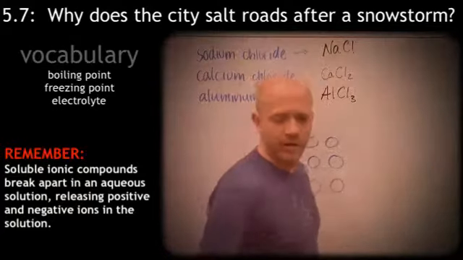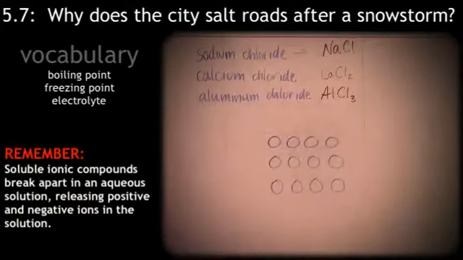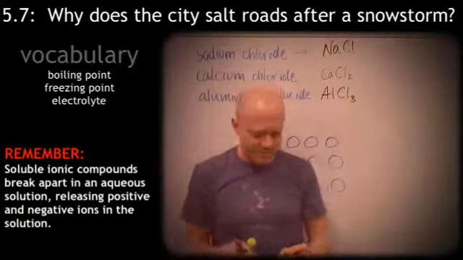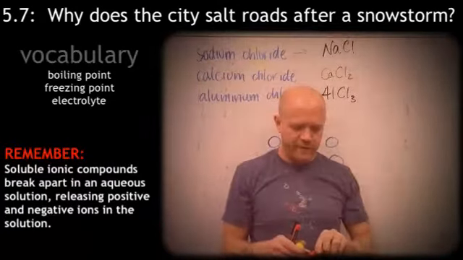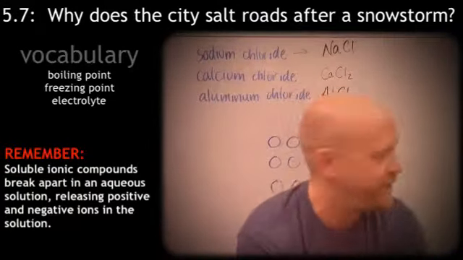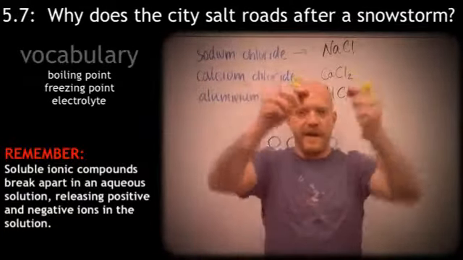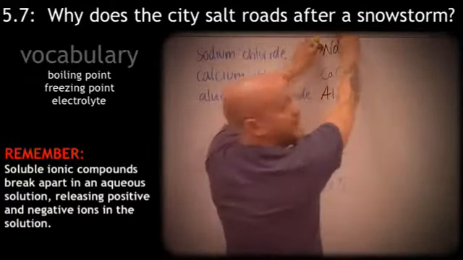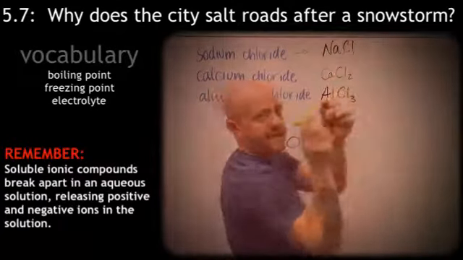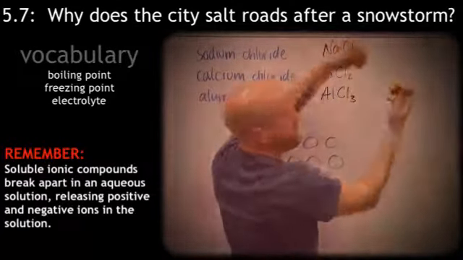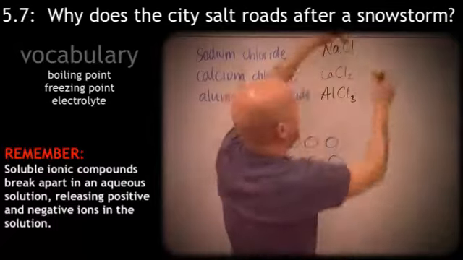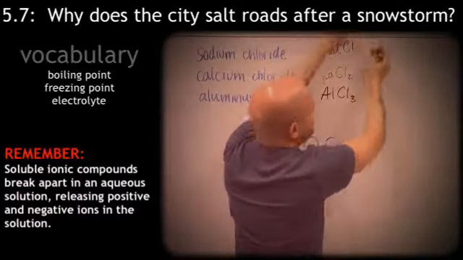When you put sodium chloride into an aqueous solution, remember I told you that the oxygens are going to hang around the positive sodium, because the sodium is positively charged and the oxygens are negatively charged. The hydrogens, which are positive, are going to hang around the negative chlorines.